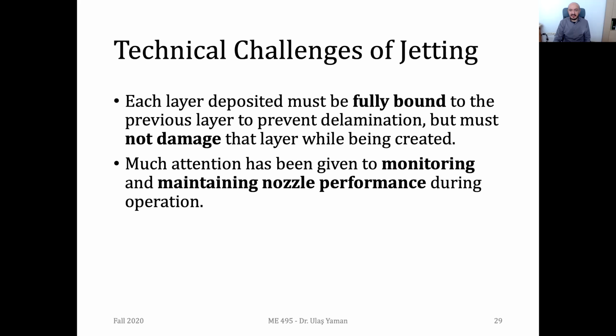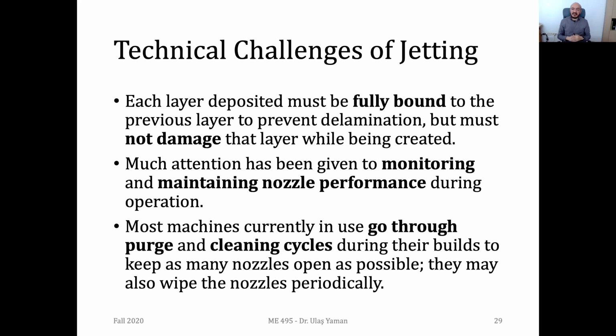Another thing in these jetting processes is that some companies have different monitoring systems. They even use powerful cameras or different kinds of sensors so that the performance of the nozzle will always be the same. And they may have cleaning cycles. I think I showed you in one of the videos, the head was moving. I think it was in X1. They were printing a sand mold for metal casting.